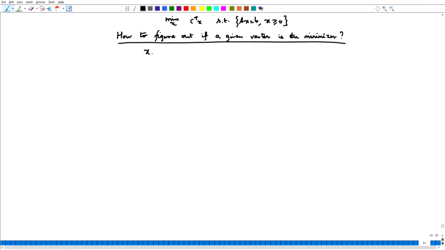So, note that a vertex is of the form x star equals xb star, xn star, which is B inverse b and 0, right. So, suppose you leave xn star as xn star itself, okay. In that case, note that you have the constraint Ax equal to b becoming Bxb plus Nxn equal to b, that means xb equals B inverse into b minus Nxn.